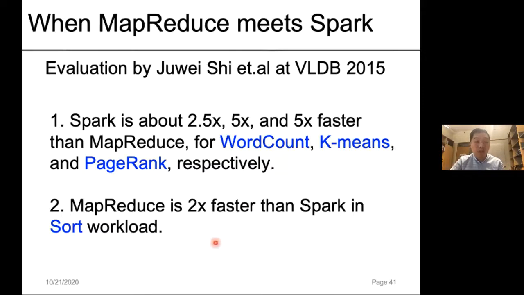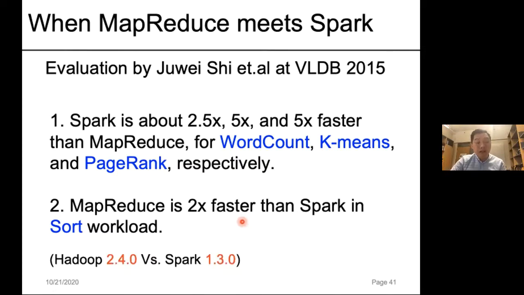However, they also found that MapReduce is 2 times faster than Spark in sort workloads. They found that MapReduce can overlap the shuffle stage with the map stage, which effectively hides the network overheads, while Spark uses DAG query execution and cannot overlap these phases.